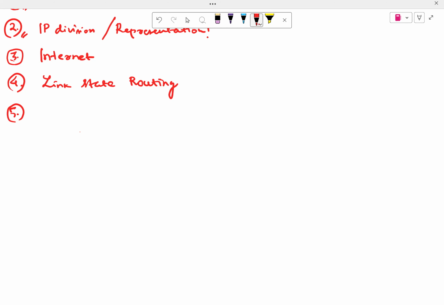We'll see BGP. Sixth question is also BGP. Seventh question is also BGP.